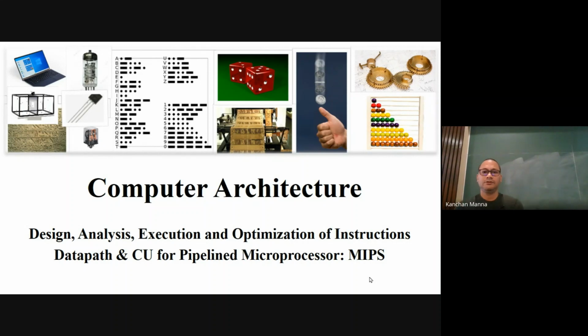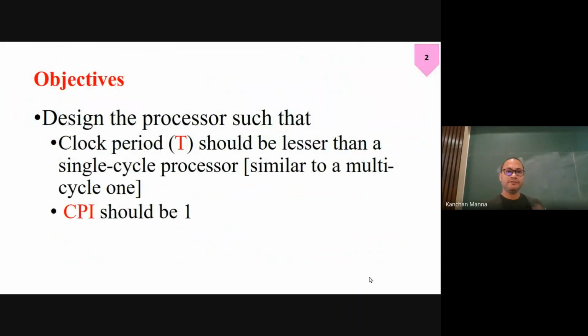So today we'll see another approach to design the processor. The objective of this processor is to achieve performance better than the single-cycle one and the multi-cycle one that we have seen.